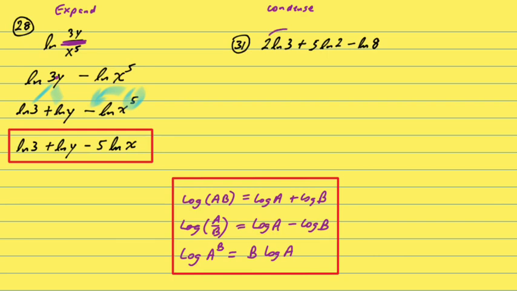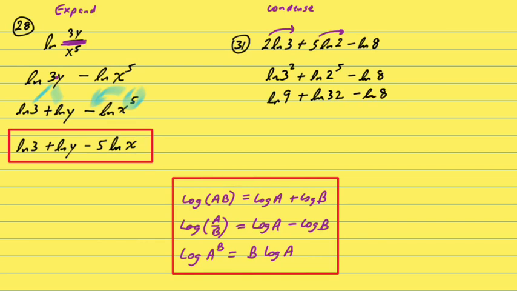Now I want to take these numbers out front and put them up as exponents. So this would be ln of 3 to the second, or ln of 9, plus ln of 2 to the fifth, which is ln of 32, minus ln of 8.